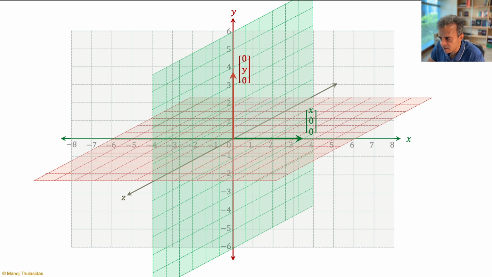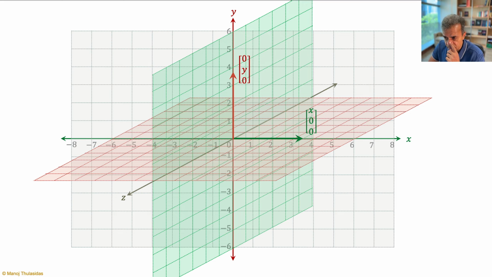But we can find vectors that are orthogonal to the x-axis that are not along the y-axis. For instance, a vector of the kind 0, 0, z is orthogonal to any vector on the x-axis, but it's not along the y-axis. Actually, any vector in the yz plane would be orthogonal to my x-axis, and any vector in the xz plane would be orthogonal to my vectors on the y-axis. So they are not orthogonal complements. But the easiest way of seeing it is by the fact that the dimensions don't add up to 3, because we're talking about R3.